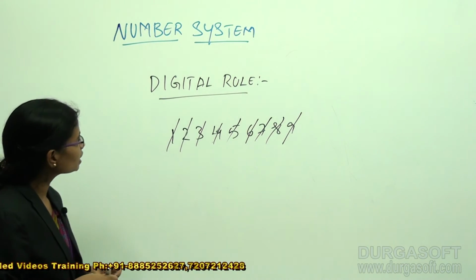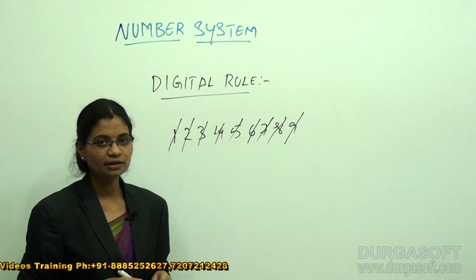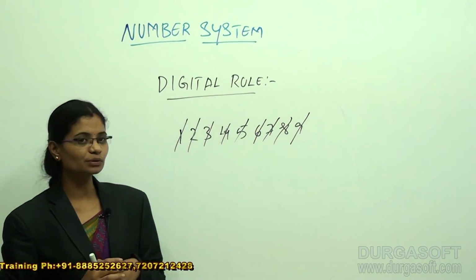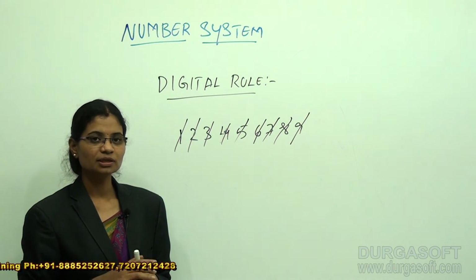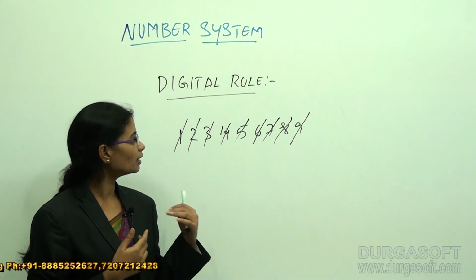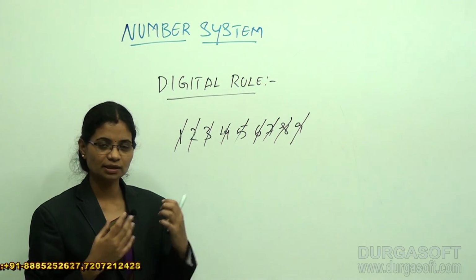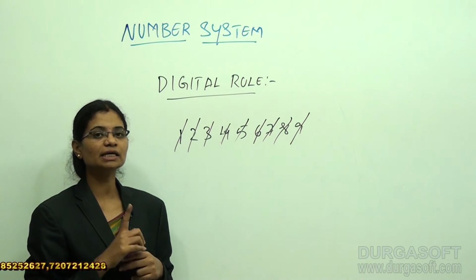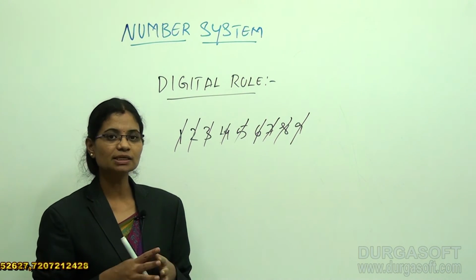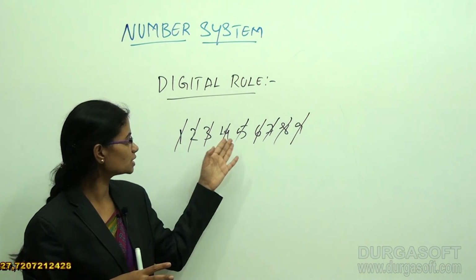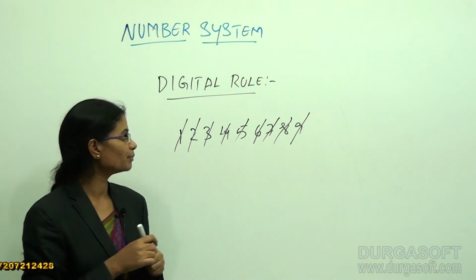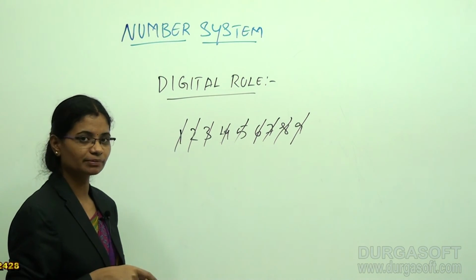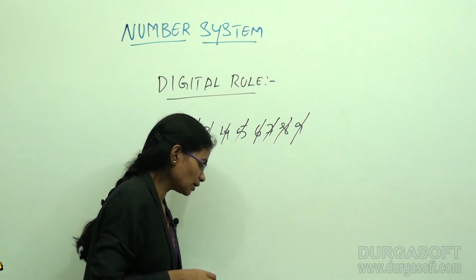So here the digital root will be 0, right? Like this, for a given number, you can find the digital root. For a big number, collect all the 9s and cancel them, and at last make it a single digit. That is called the digital root, or digital rule, of this number, whichever you call it. Let's move to the other concepts.